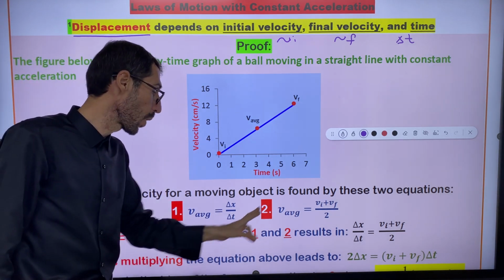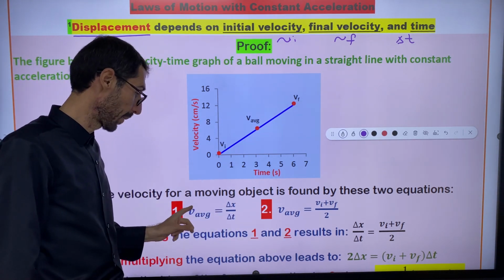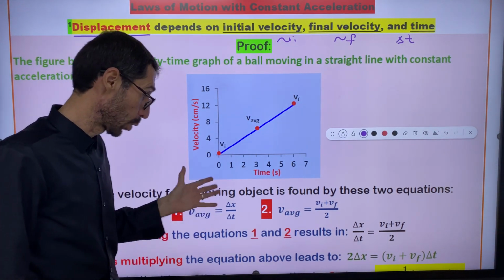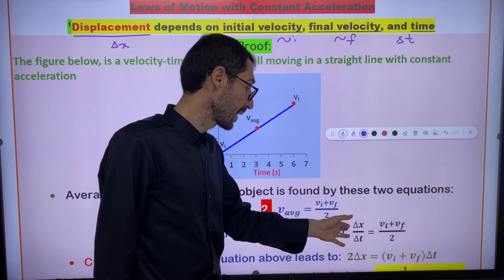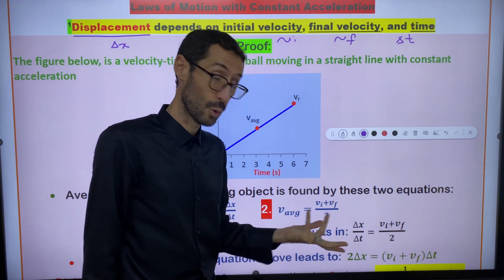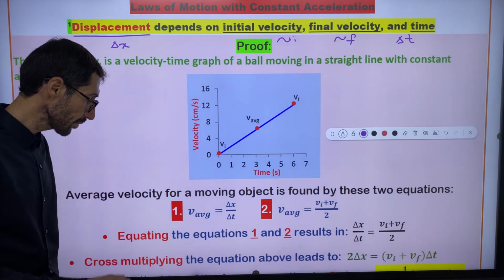Equating equation number 1 and equation number 2, you get delta x over delta t is equal to Vi plus Vf divided by 2, right?